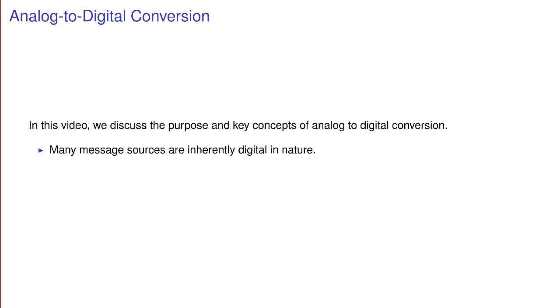Many messages, the source of signals, are inherently digital in nature, like when you type your text message or when you type an email. So the text is digital in nature. But in many applications, this is not true.